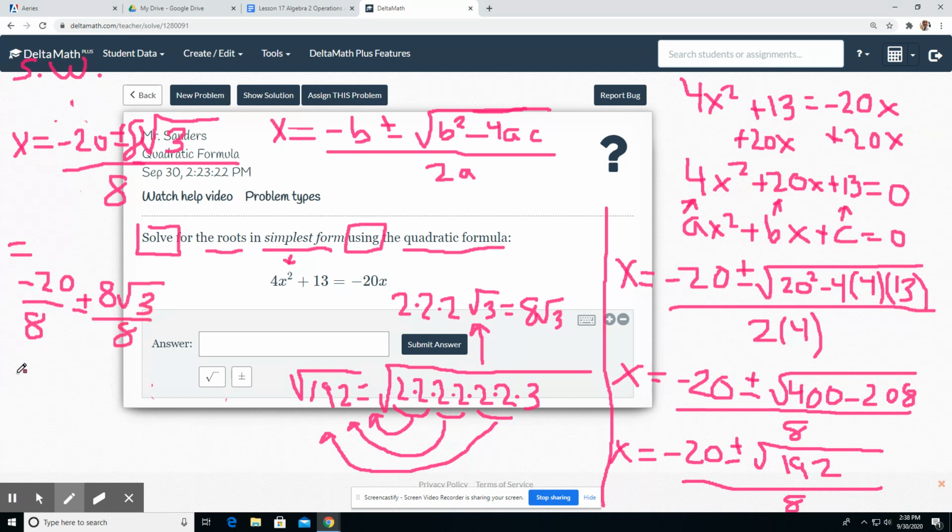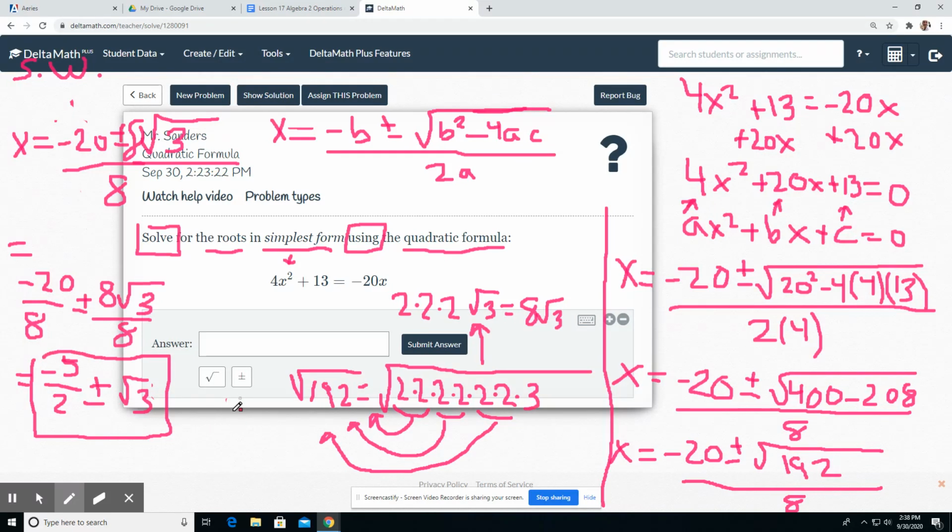Let's reduce our fractions. 4 goes into each of those. 4 goes into 20 five times. 4 goes into 8 twice. We still have our plus and minus. And the 8 and 8 reduce out. I still have the radical 3. This looks like everything we need here.